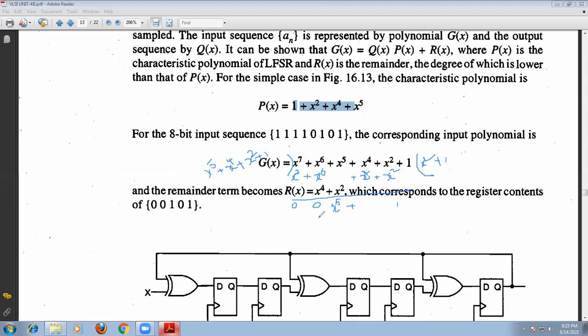So 1 into x to the power 5 is x to the power 5, and plus x to the power 4, plus x square, plus 1 into 1 is 1.